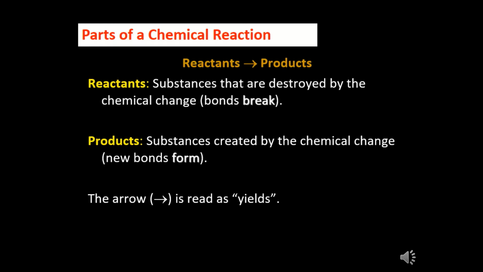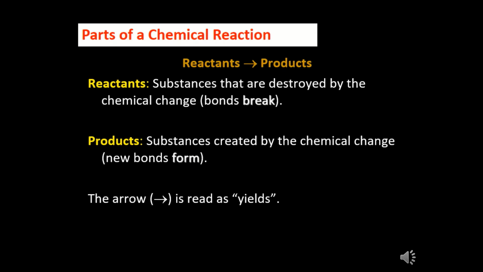Reactants, if you look at the definition of reactants, are substances that are destroyed by the chemical change, bonds break. Suppose we have H2 and O2, in the previous slide we gave the example. In H2, there is a bond between one hydrogen and another hydrogen.